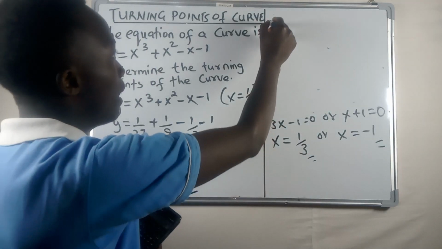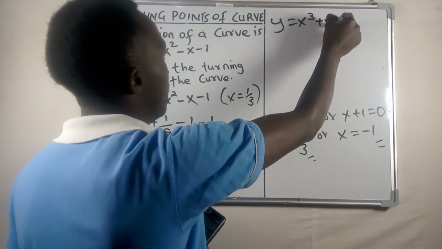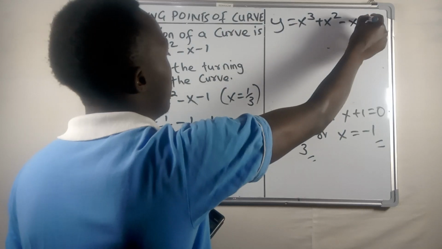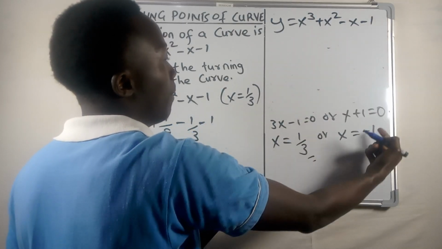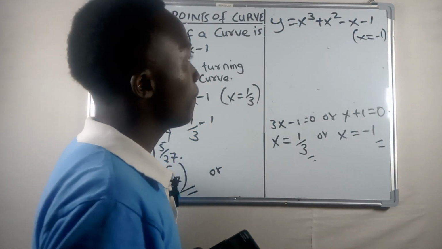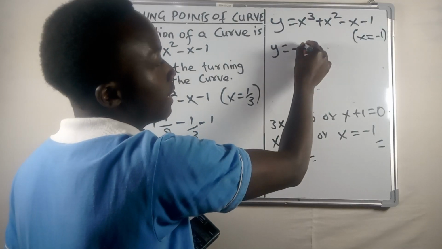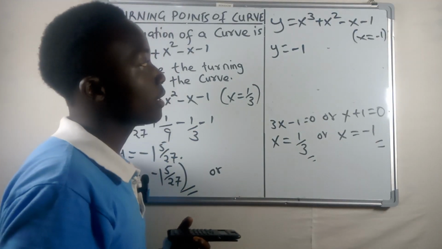Our equation is y equals x cubed plus x squared minus x minus 1 when our x is negative 1.